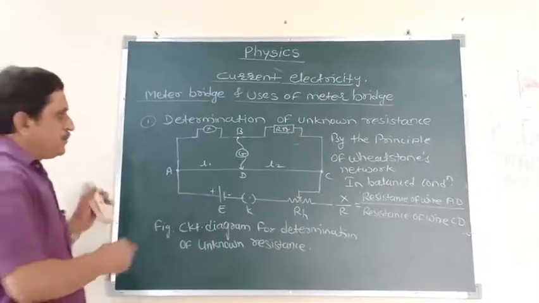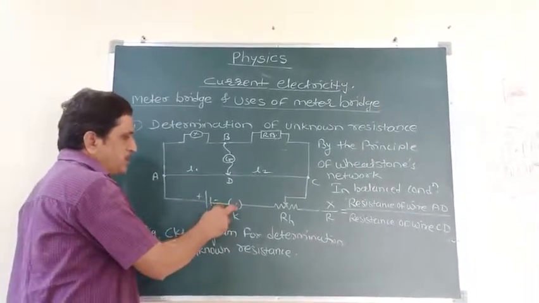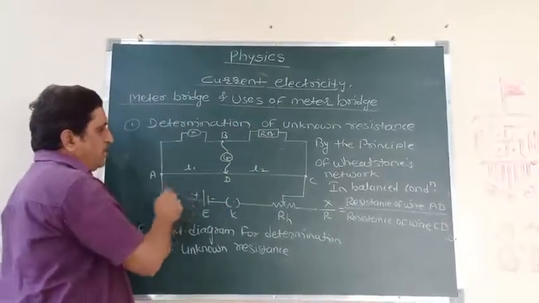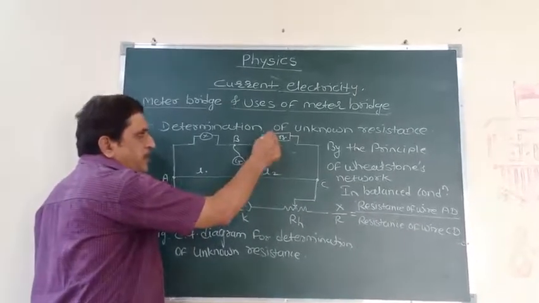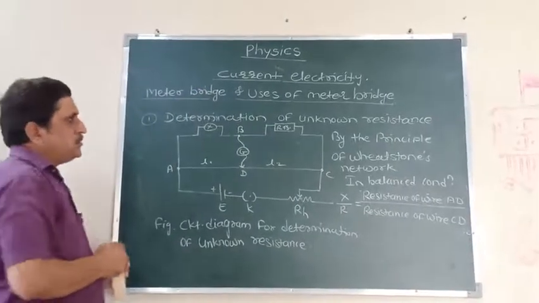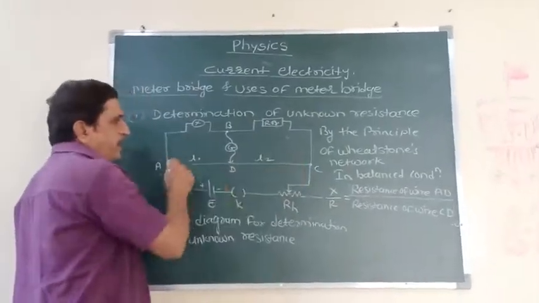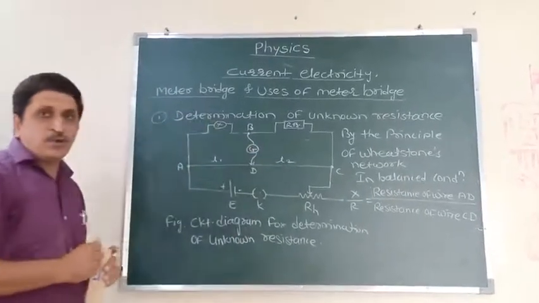Now see here what we are doing. We keep this key closed, then current will move through the circuit. When current flows through the circuit, a standard value of resistance from the resistance box is taken out. Then move the jockey along the wire AC and find a point at which the galvanometer shows zero deflection.